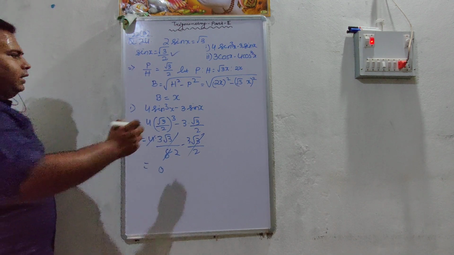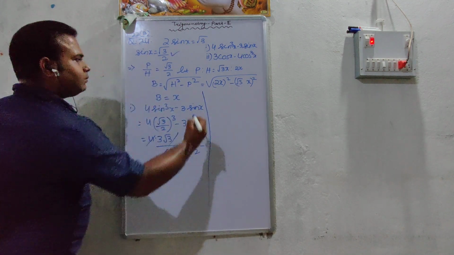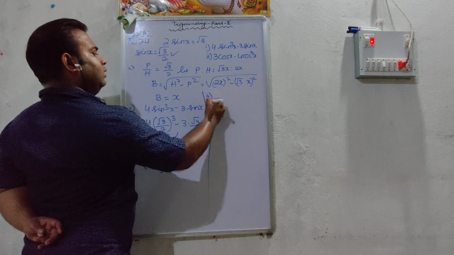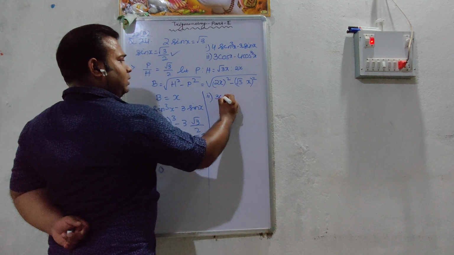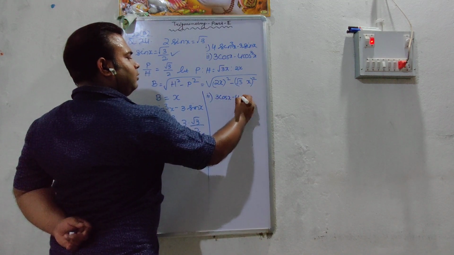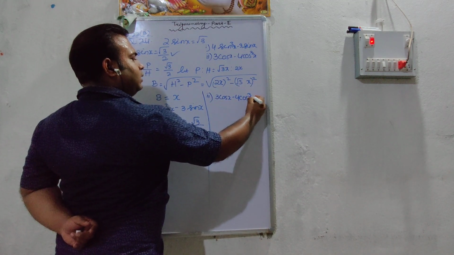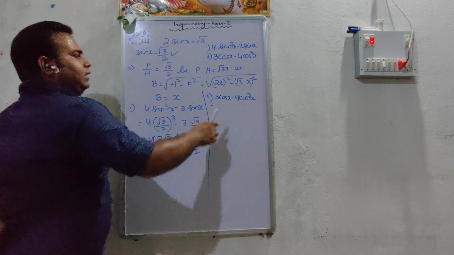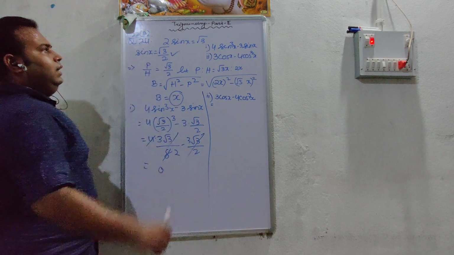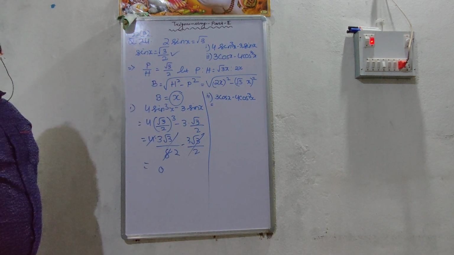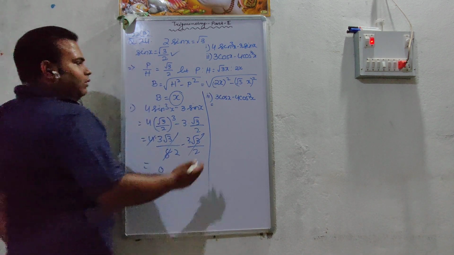Now for the next question, 3 cos x minus 4 cos cube x. Cos x equals b by h. We got b is x, by 2x, it will be 1 by 2.